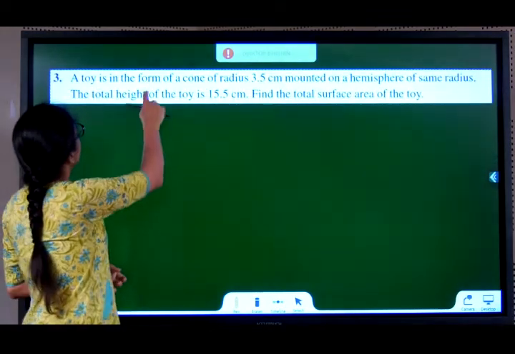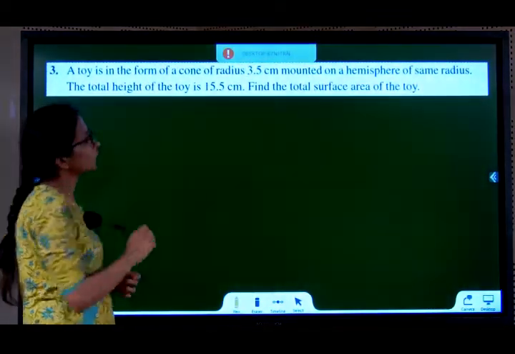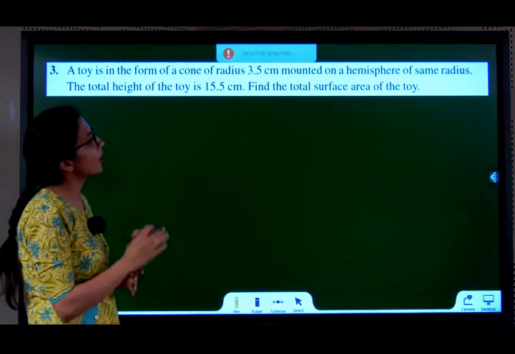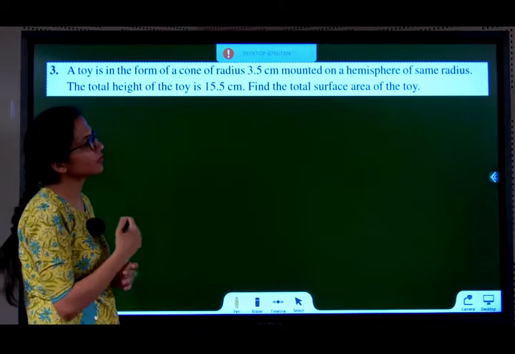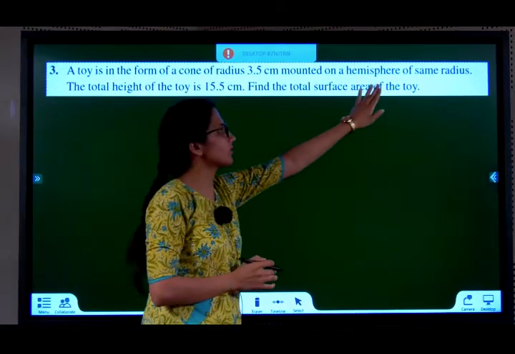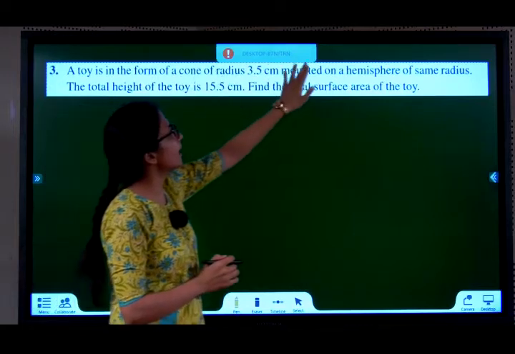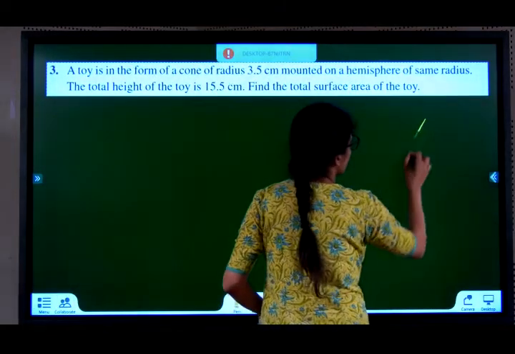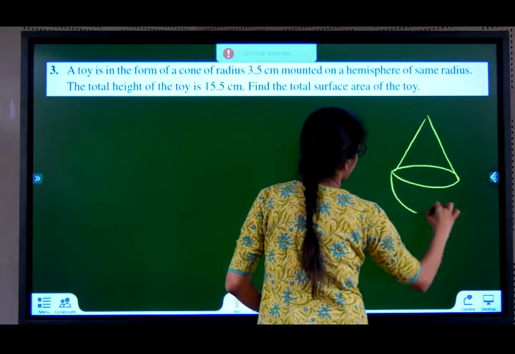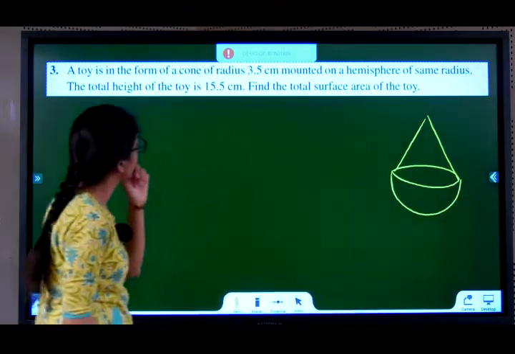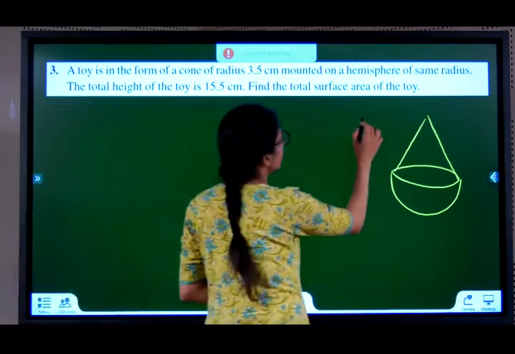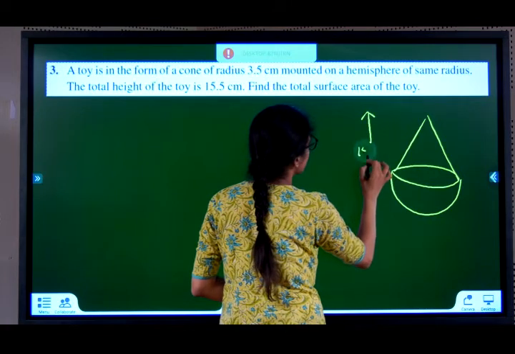Question 3. A toy is in the form of a cone of radius 3.5 centimeters mounted on a hemisphere of same radius. Cone is mounted on hemisphere. Cone is above hemisphere. The total height of the toy is 15.5 centimeters.